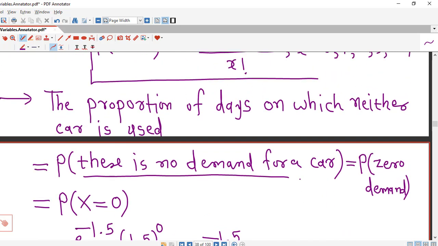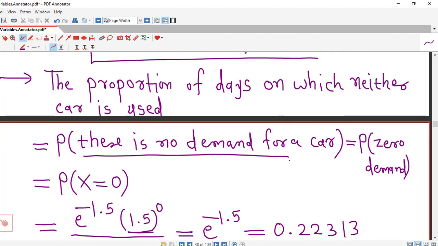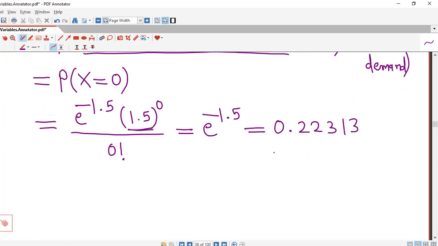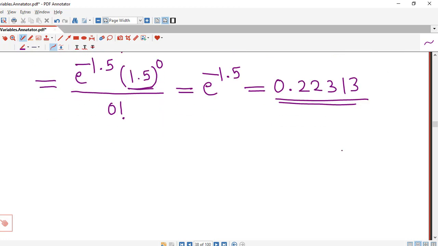So the proportion of days on which neither car is used, that is the proportion of days on which 0 car is used, is nothing but the probability of 0 demand, and it turns out to be 0.22313 up to 5 decimal places.